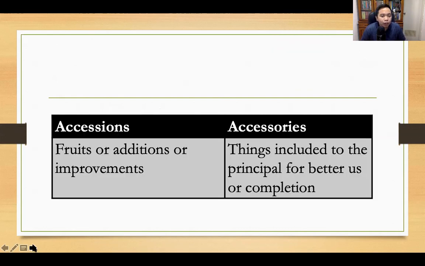Now, take note of the distinctions between accessions and accessories, class. When you say accessions, these pertain to fruits or additions or improvements. On the other hand, when you say accessories, these are things included or attached to the principal for better use or completion.